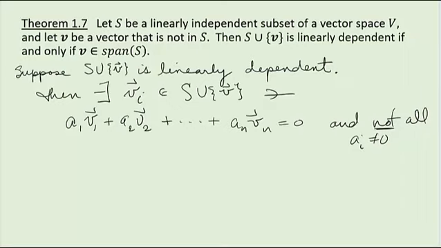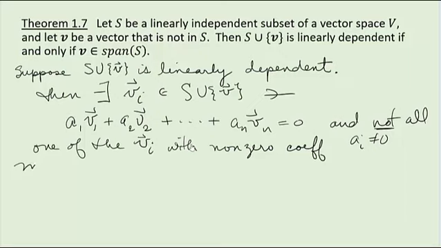We know that S is linearly independent. So that tells us that one of these vectors has to be v. They cannot all be from S. So one of the v_i with non-zero coefficient must be the vector v.